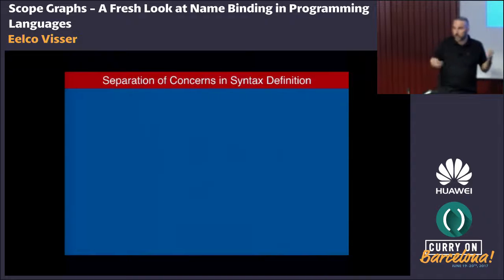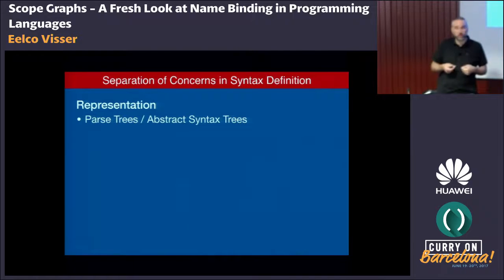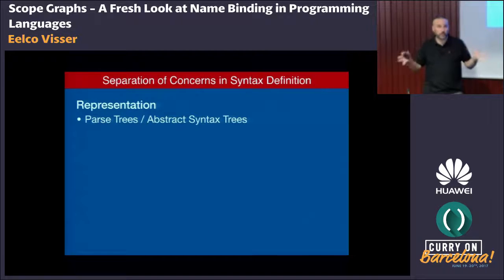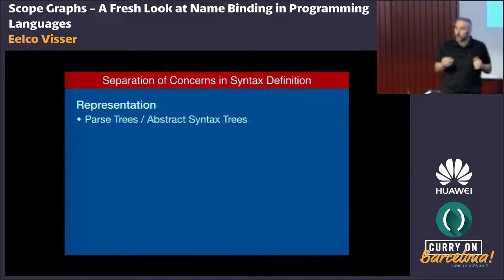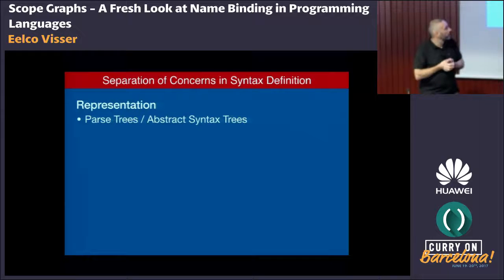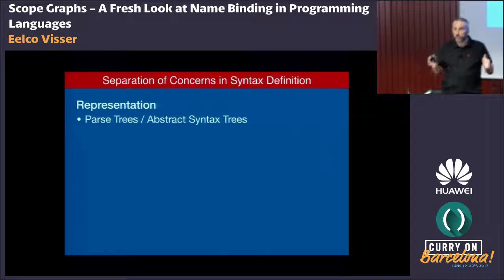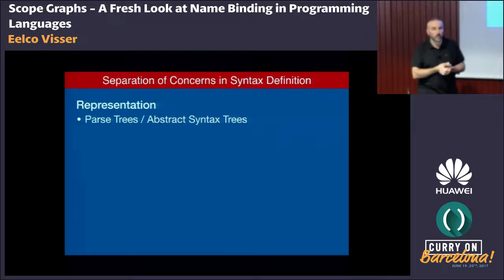So we have this notion of separation of concerns in syntax definition, where we have a notion of a representation. So we have parse trees or abstract syntax trees that represent the results of parsing programs. And that representation is language independent, right? So we can talk about abstract syntax independent of particular languages.